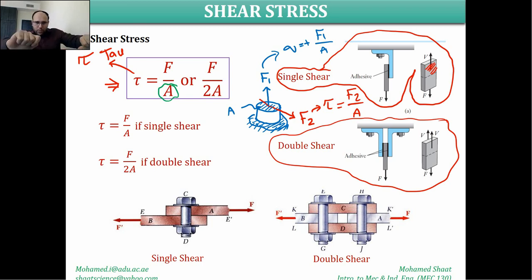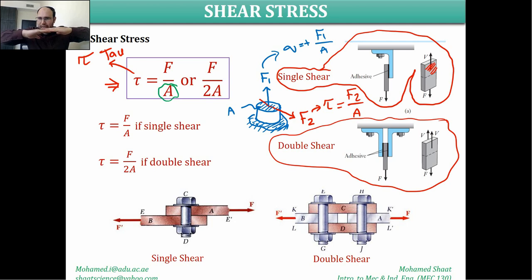So if you try to move this plate A, this bolt is used for holding two plates. You have one plate and another plate, and there is a bolt between them fixing them together. I'm trying to move this plate to the left and this plate to the right. So this will result in a shearing action over the contact surface between them.